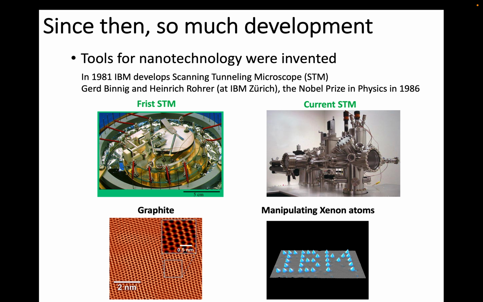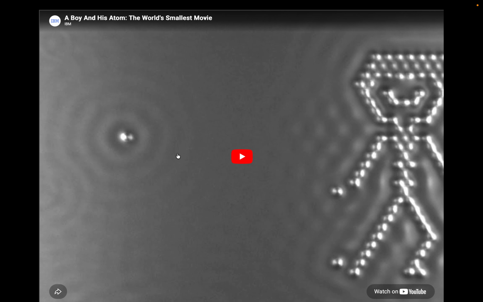For example, IBM manipulated individual xenon atoms and wrote IBM. This is not just a computer image. This is actually imaging done by STM and also manipulated by STM. So let me show you this YouTube video.